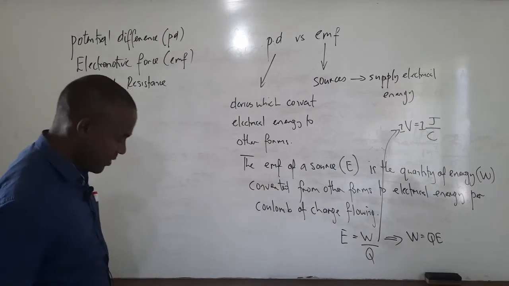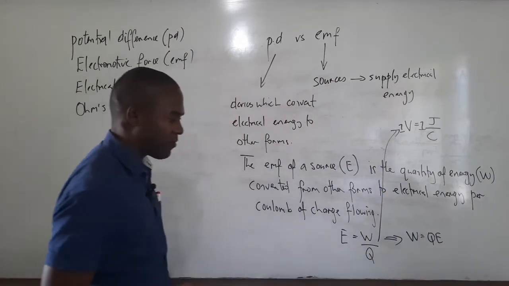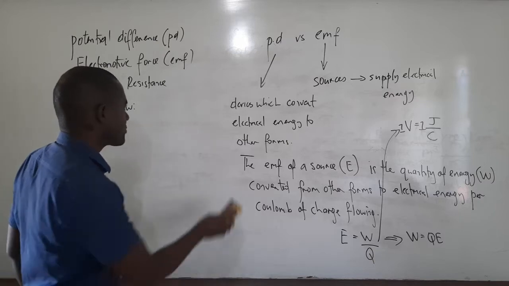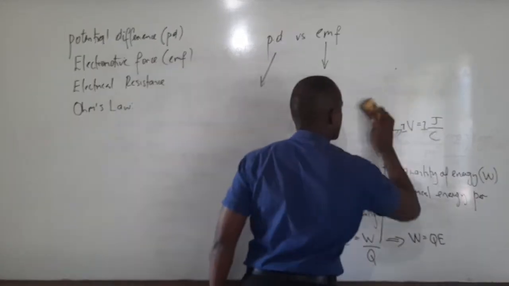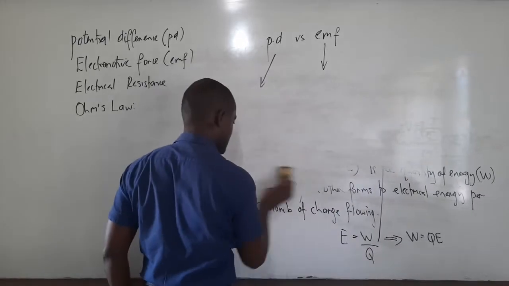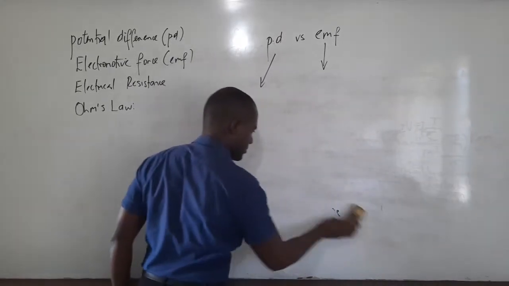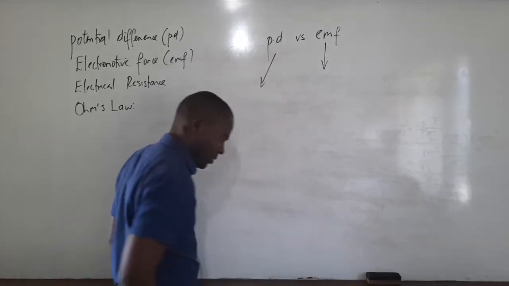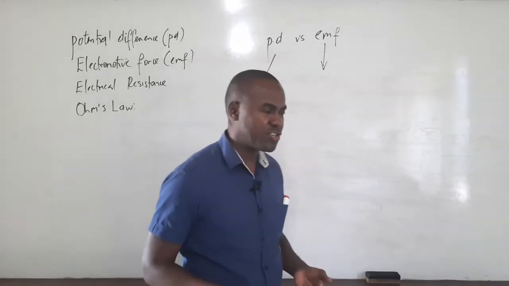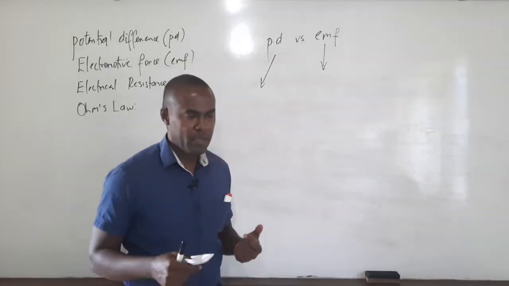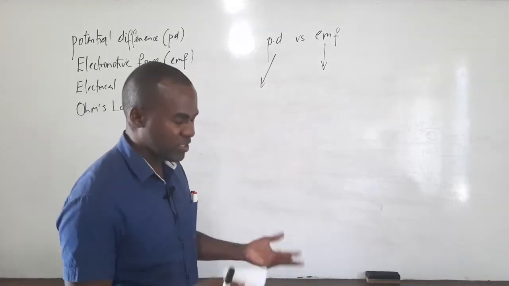Now let's examine, not EMF rather, but PD. So we say that EMF refers to the conversion of other forms of energy into electrical energy, which is basically supplied to a circuit.